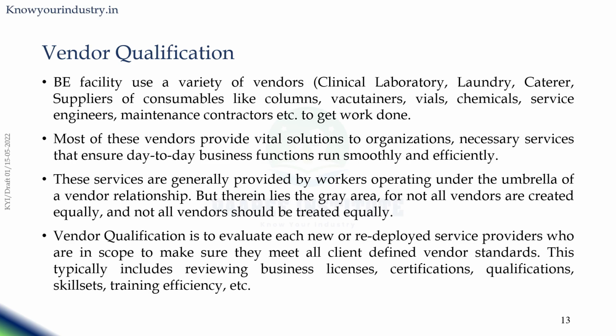So the vendors for the BE facility can be a clinical laboratory, pathology lab, or a laundry, a caterer, an ethics committee, or suppliers of consumables like columns, HPLC columns, vacuum liners, vials, other chemicals required for the bioanalysis, standard suppliers, working standard suppliers, service engineers, maintenance contractors, etc. So these vendors should be qualified by the quality assurance team as per the predefined criteria they have kept in the standard operating procedures.